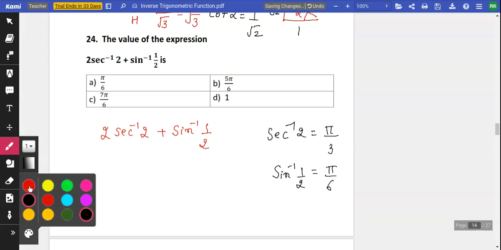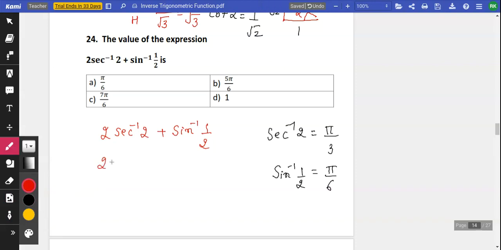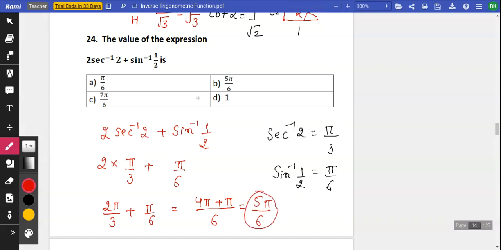Now put the value of these two. 2 multiply pi by 3 plus pi by 6. 2 pi by 3 plus pi by 6, the LCM is 6. We get 4 pi plus pi. It becomes 5 pi by 6. This is the correct answer, option B.